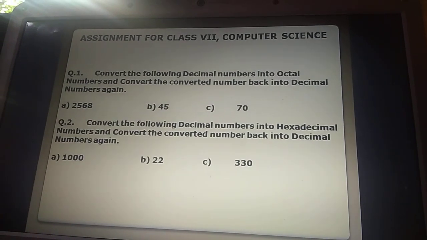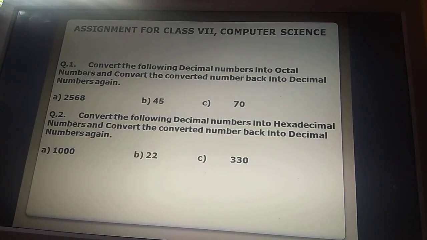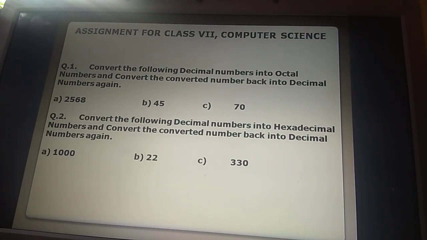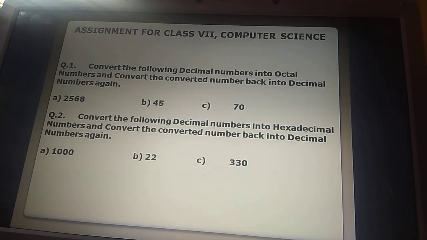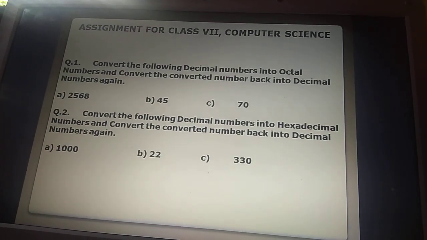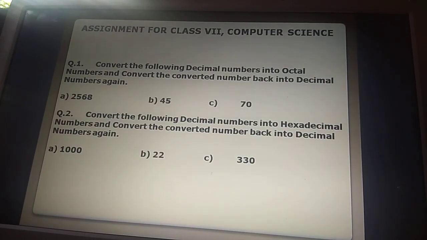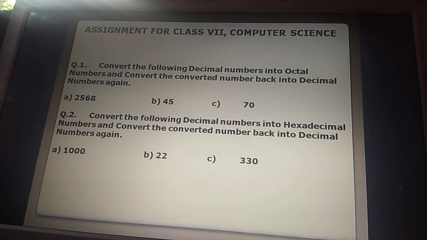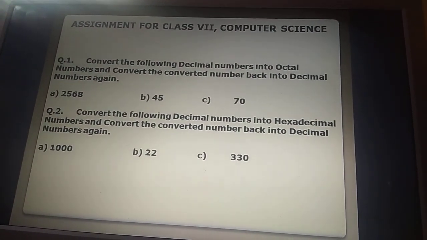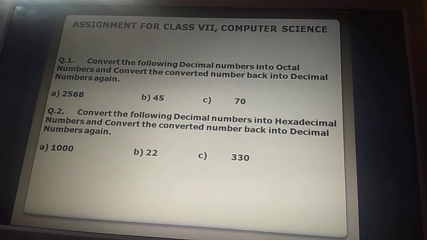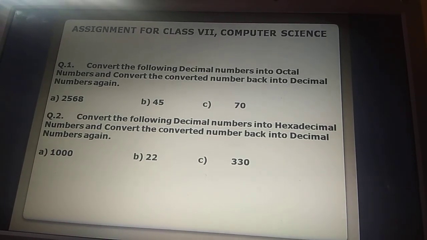After this, now we are coming to the assignment portion. In this assignment, you will convert the following decimal numbers. You have been given 3 decimal numbers which you are to convert first into the octal number system. After the conversion, whatever number you get, you will convert that octal number back into its decimal equivalent.